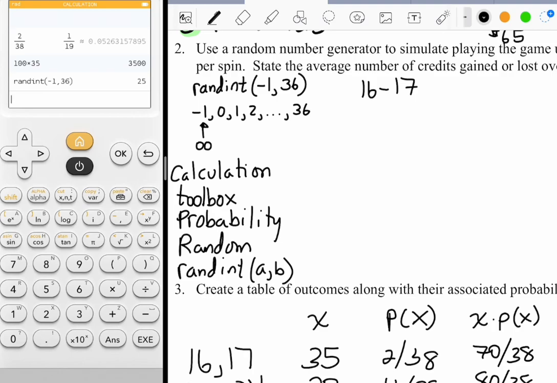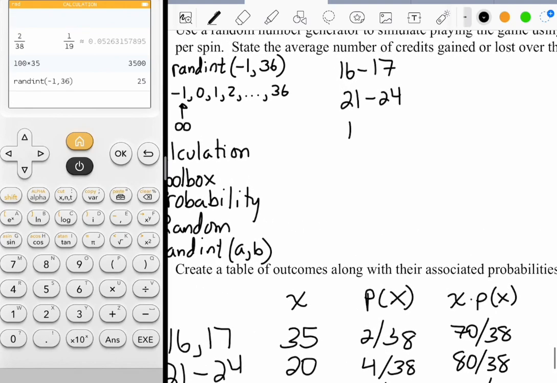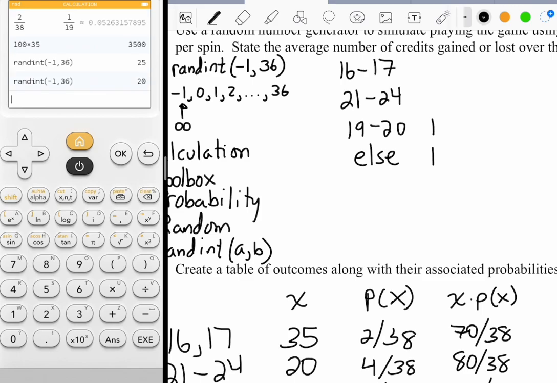We have 16 to 17, 21 to 24, 19 to 20, and everything else. All right, I'm just going to use tally marks. So I'm going to look at this and say, okay, 25 is not one of the values, so that goes under else. Hit OK. 20 is one of the good values.